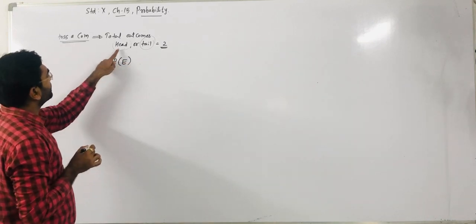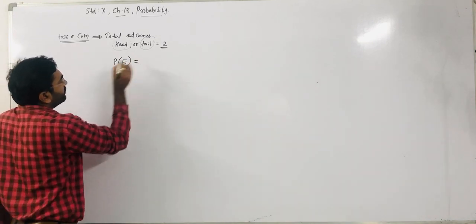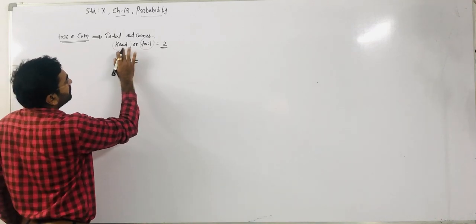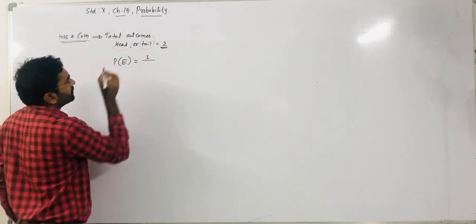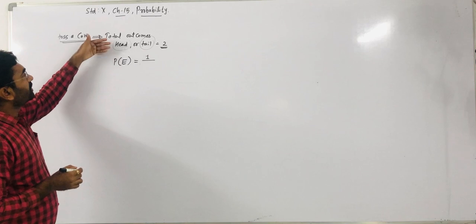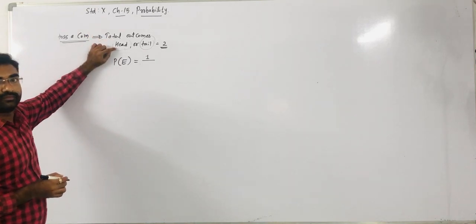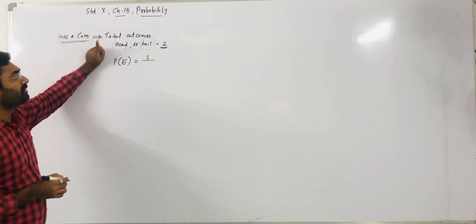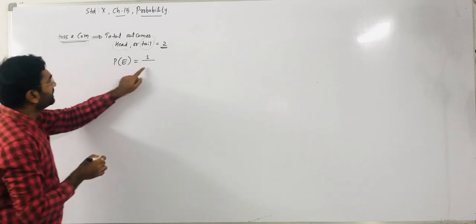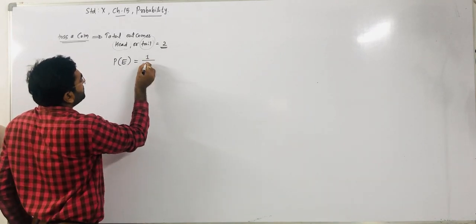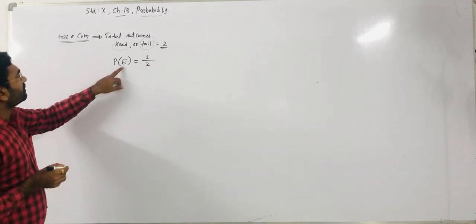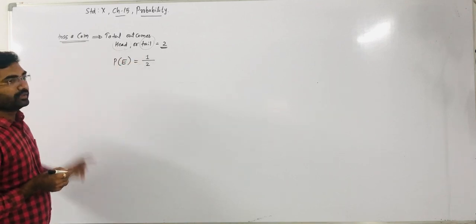Our event is getting a head. Its favorable outcome is 1, or you can say the number of trials in which we get the head. Here we get a head in only one trial. In the denominator, the total number of outcomes, which is 2. So the probability of getting a head is 1 by 2.